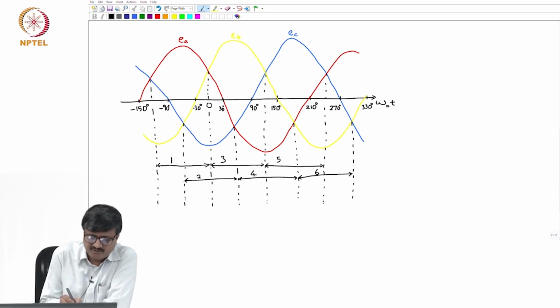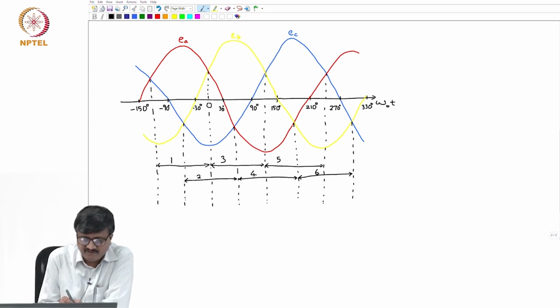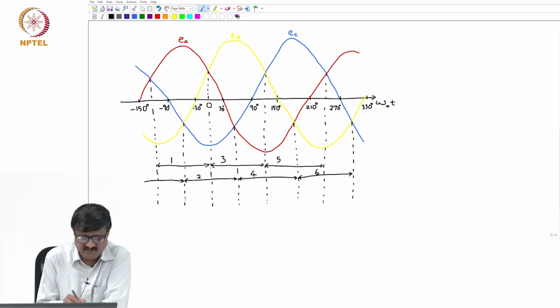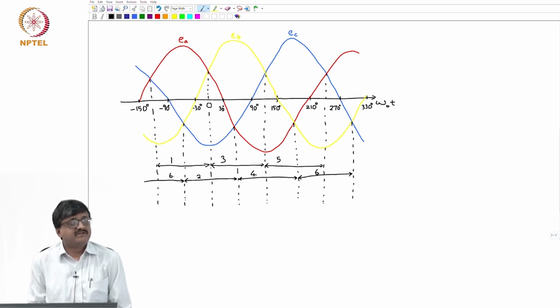Though I have not shown the duration up to minus 60 degrees, if I take this duration, again of 120 degree width, which thyristor valve is conducting? 6. Okay.